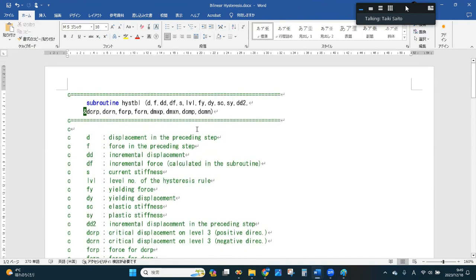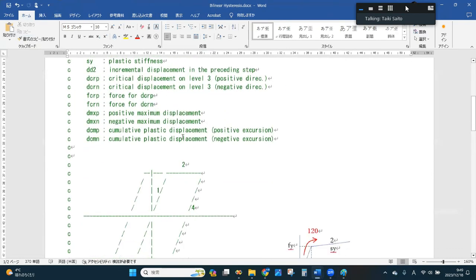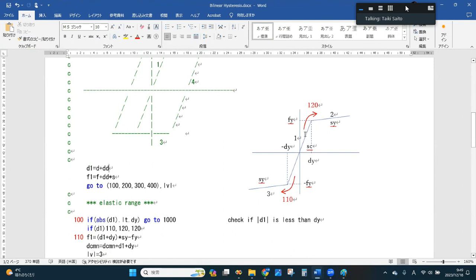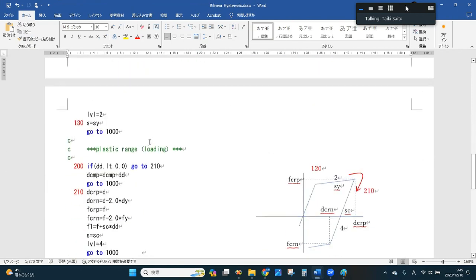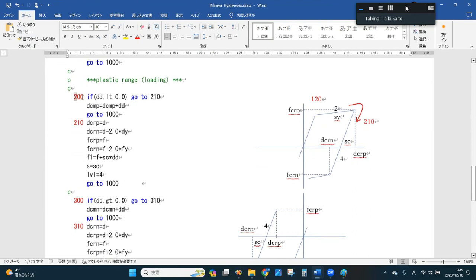So every small step you call this subroutine, and every small step you check the stiffness and change of stiffness. Now you are at level 2, so you jump to 200. Then what you should check is whether it continues plastic going to the right side, or it will return, coming back.